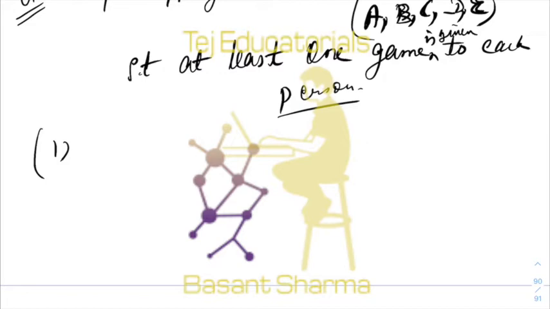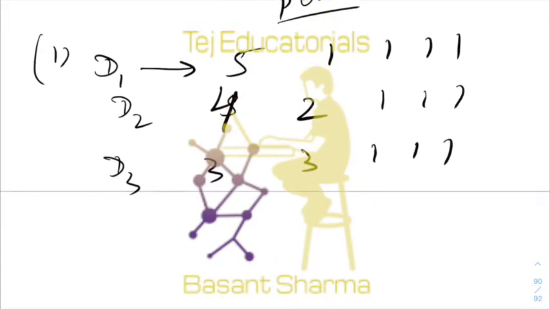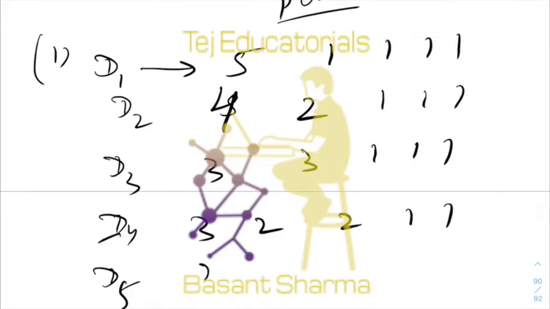That is simple. Possible distributions are D1, which is 5 1 1 1 1, or D2, which is 4 2 1 1 1, D3, which is 3 3 1 1 1, or D4, which is 3 2 2 1 1, or D5, which is 2 2 2 2 1.